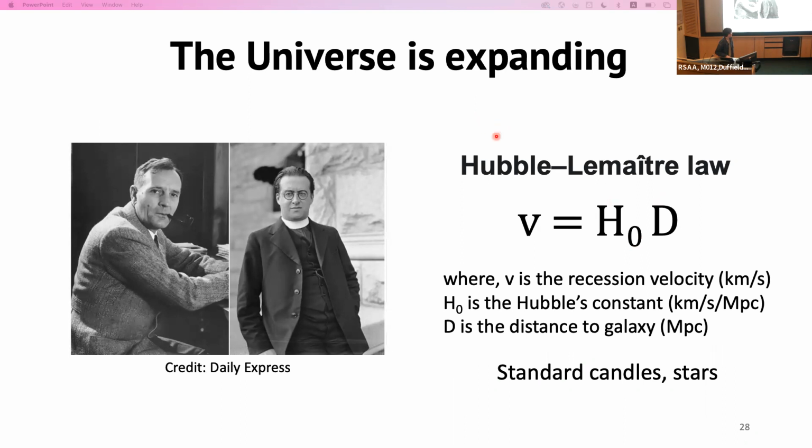So this Hubble-Lemaître law is where they discovered this expansion and wrote this equation, in which V is the recession velocity, H naught is the Hubble constant, and D is the distance. So here, D is a key in this project. And V, you can see maybe as the redshift in this project. And at the time, they were using standard candles to prove this equation.